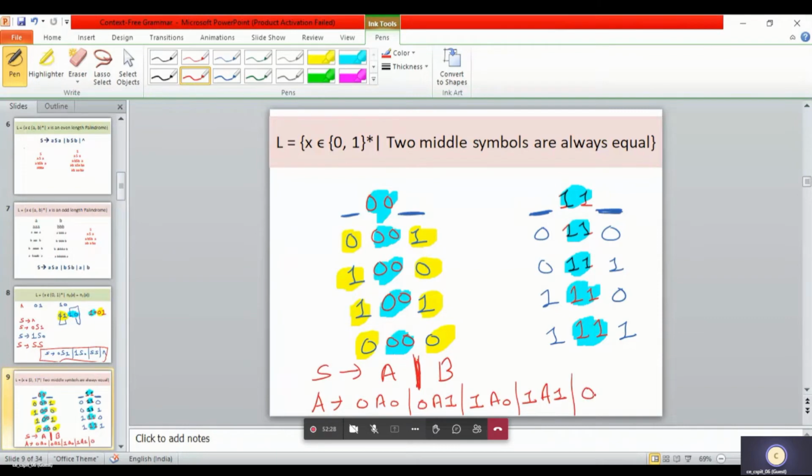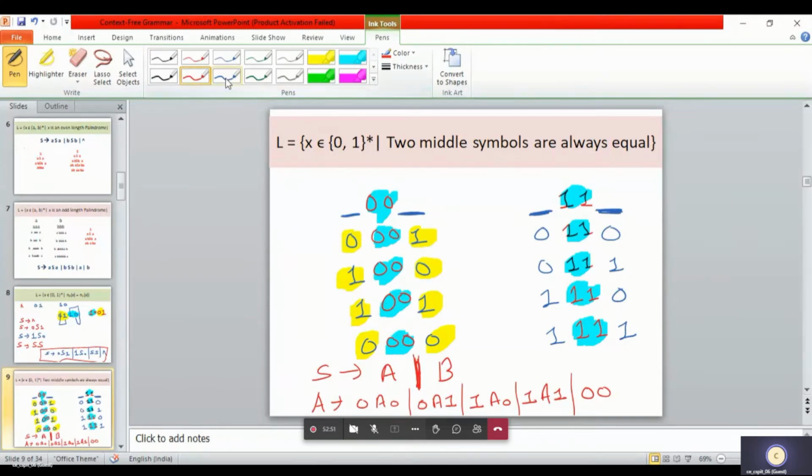And at last, I will replace with 0, 0. So now you can see that we are covering all the rules: 0, 1, 1, 0, 1, 1, and 0, 0, all the combinations on the left side and the right side. And at last, to terminate the process, we are putting 0, 0.